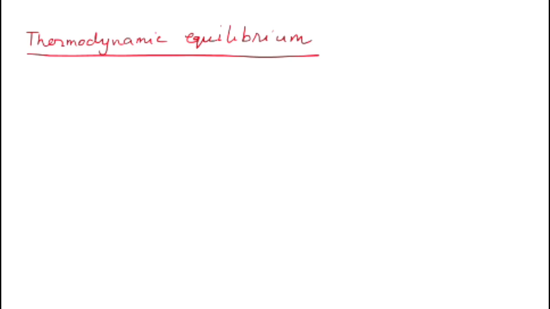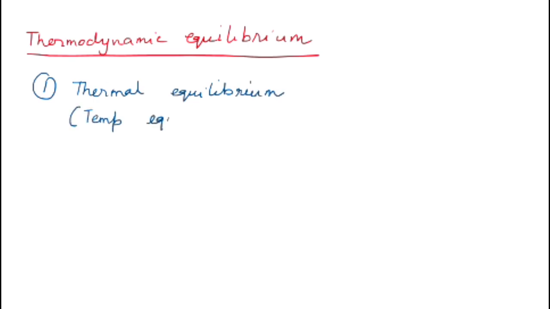We have learned about thermal equilibrium. Now we are going to learn about thermodynamic equilibrium. A system has to satisfy certain conditions to be in thermodynamic equilibrium. The first is thermal equilibrium, that is, the temperature is equal everywhere. The second one is mechanical equilibrium, that means no force is acting on the system, so no work is done.